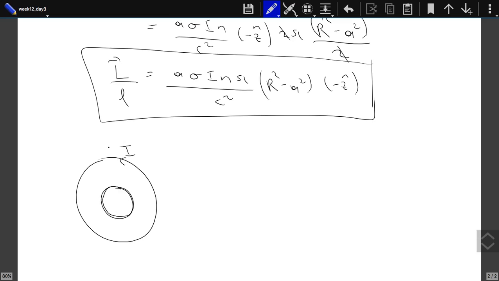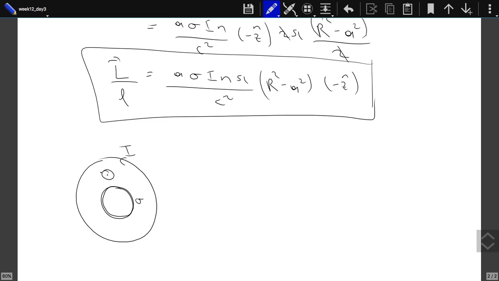Then we said, okay, this is the I, this is the charge density sigma. We said, okay, let's turn off this I. There will be an induced electric field at the position of the inner cylinder, which has a charge. Well, the induced electric field will be in which direction?